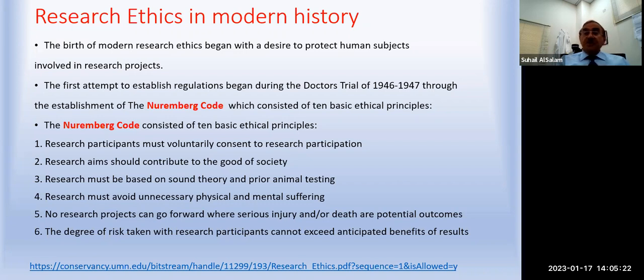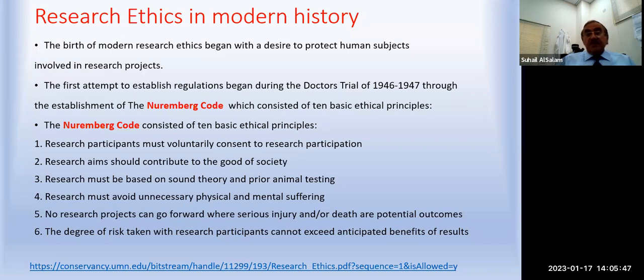And the first attempt to establish regulation was during the Doctors' Trial in 1946 to 47, leading to the establishment of the Nuremberg Code, which consisted of the basic ethical principles.